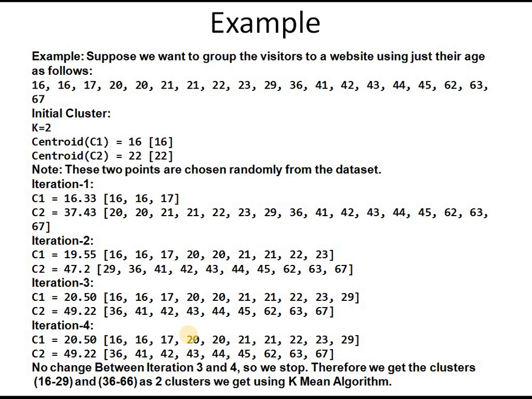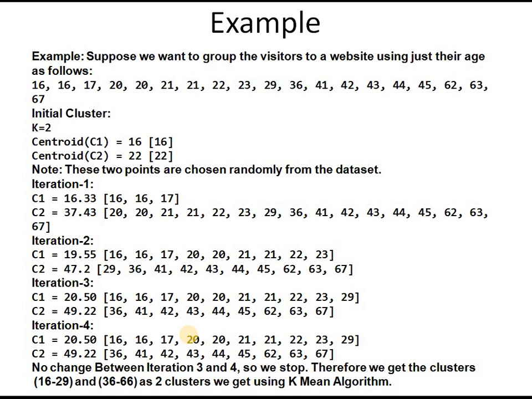First we take 16 for cluster 1 and 22 for the other cluster. There is no other value in the clusters yet, so 16 is the mean for C1 and 22 is the mean for C2 at the first iteration.